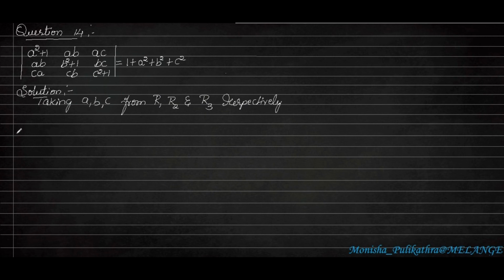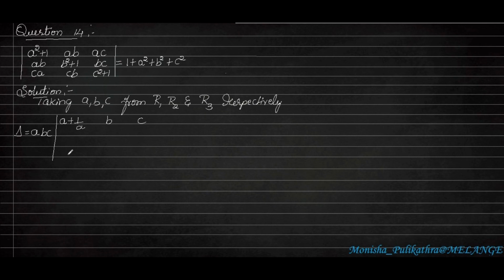So when I take a, b, c respectively as common terms from all the rows, here it will become a plus 1 by a, because from each element I will be taking a common. So here 1a gets cancelled, so a remains, and here 1 by a, because I have taken a common, it will become divided by. So here, only a I have taken from the first row.